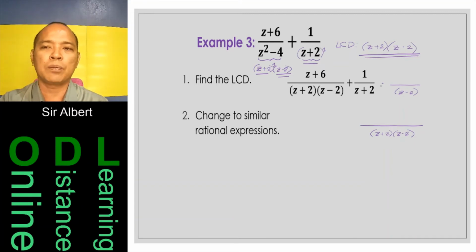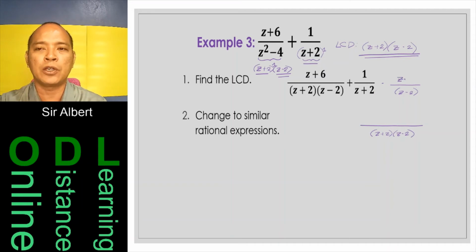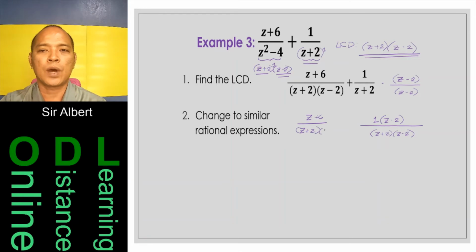If we're going to multiply the denominator by z minus 2, then we would also have to multiply the numerator by z minus 2. And we would end up with the equivalent rational expression of 1 times z minus 2. Copying the first rational expression, we would have z plus 6 over z plus 2 times the quantity z minus 2 plus the second rational expression.